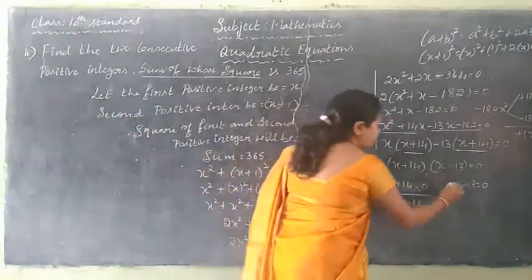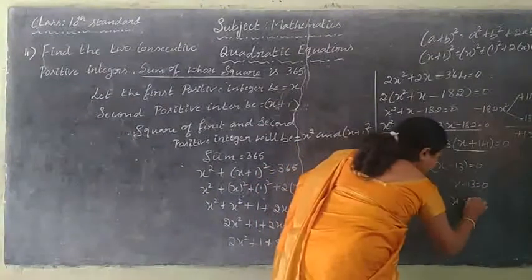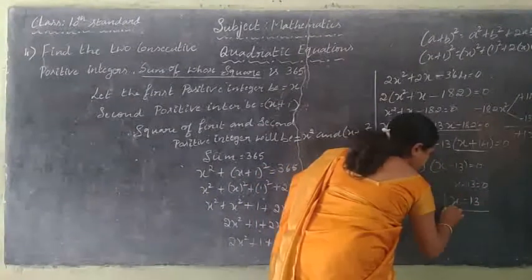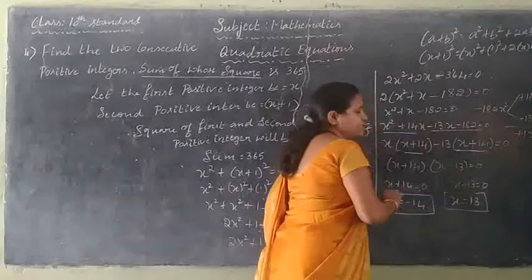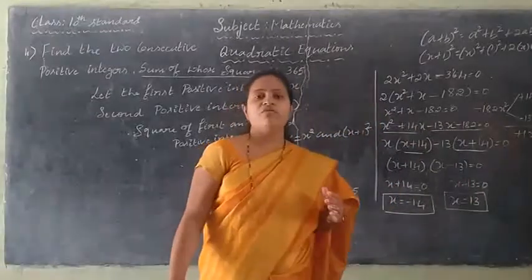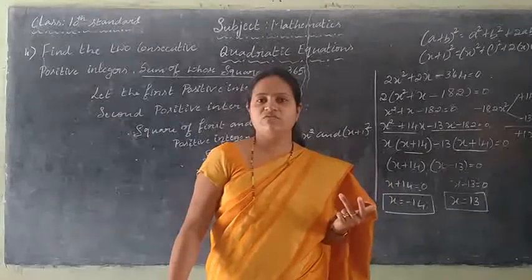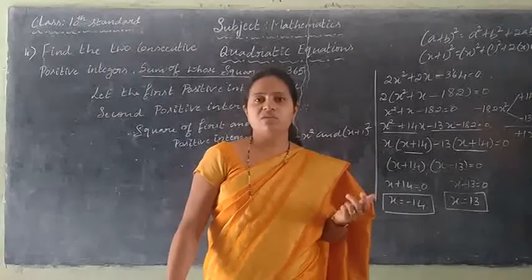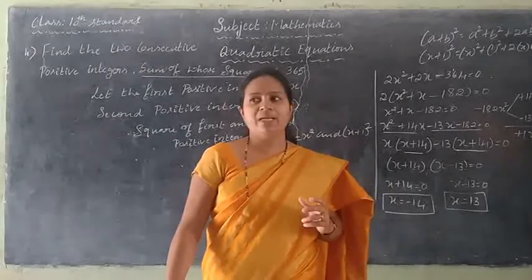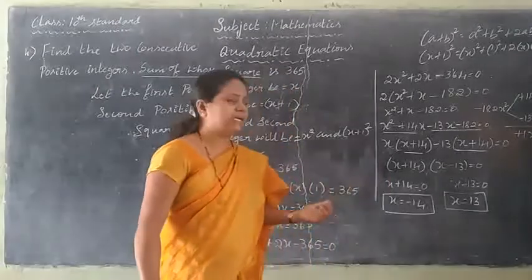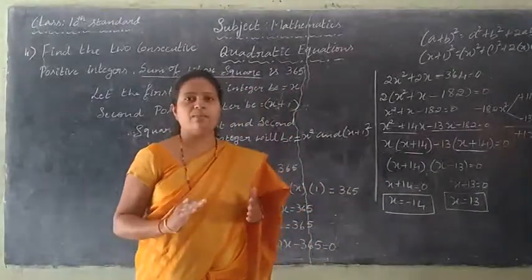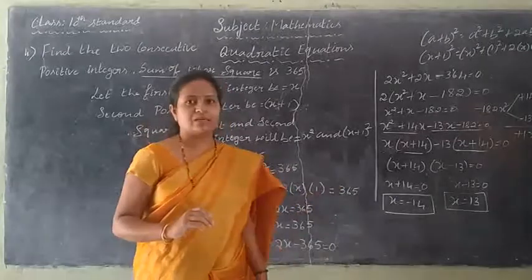Here, when you transfer minus 13, you will get plus 13, children. So value of x is 13. So we got two values for x. One is plus 13 and one is minus 14. As in the question they are given, we have to consider positive integers. So we can't take minus 14. We have to take the positive integer, that is 13.